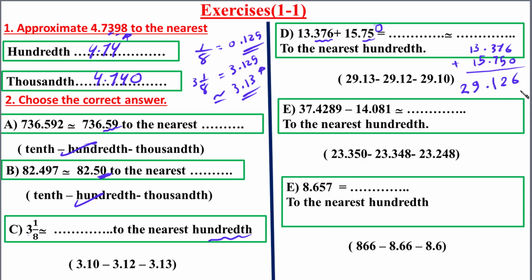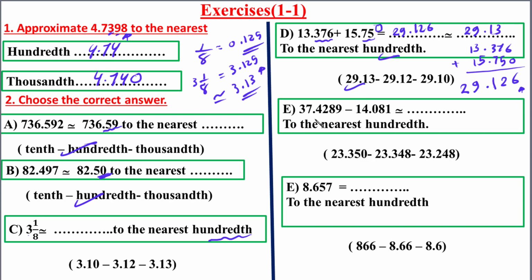To the nearest hundredth, look, the thousandth place is 6, more than 5, so we will increase the hundredth place by 1, so 2 will be 3. The addition equals 29.126, approximately equals 29.13 to the nearest hundredth. The answer will be 29.13, the first one.